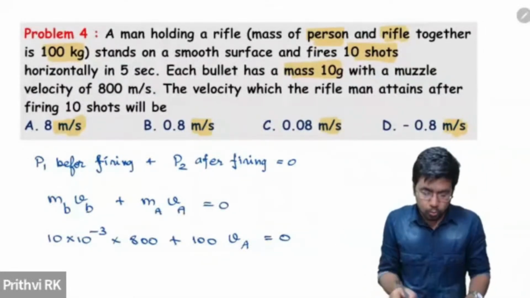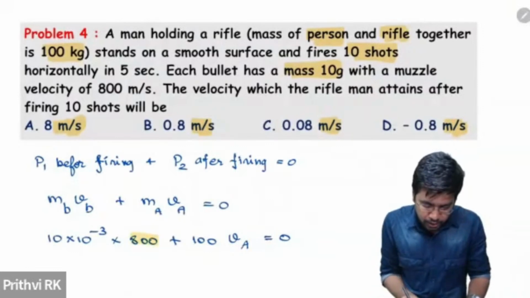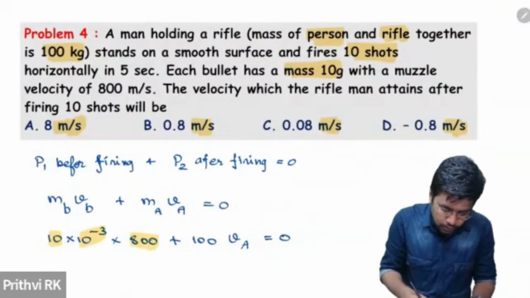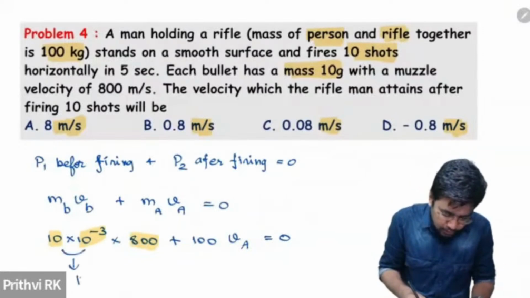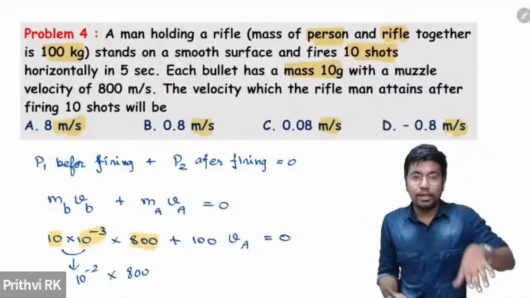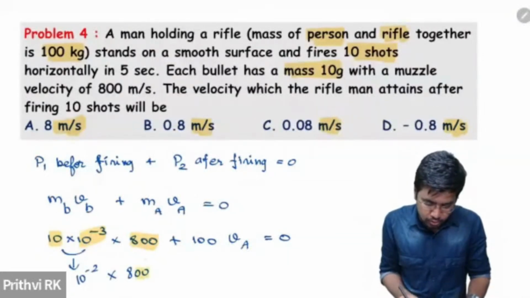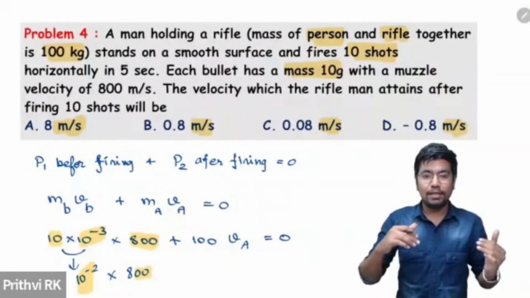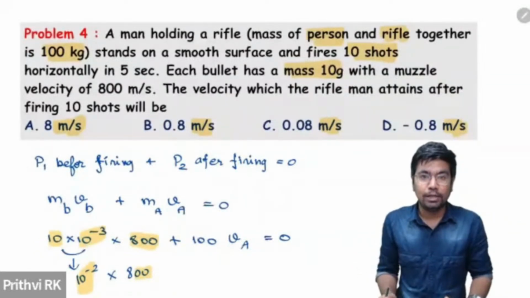So now what are the terms we have here? We have 800, we have 10 and 10 power minus 3. So 10 into 10 power minus 3 becomes 10 power minus 2 into 800. See, 10 power minus 2 and these two zeros will cancel each other, right? So if they cancel each other, then we'll just have 8 only.